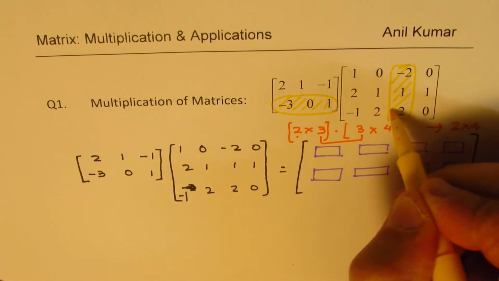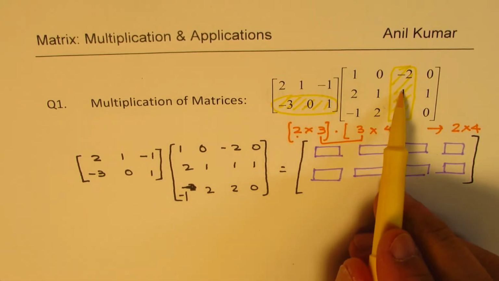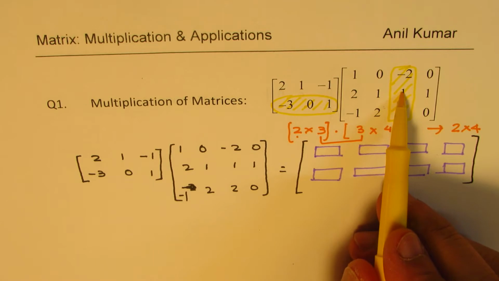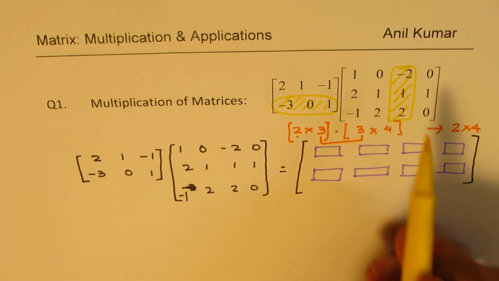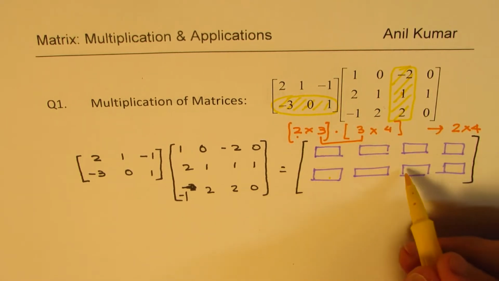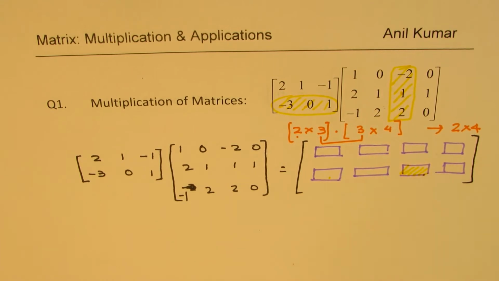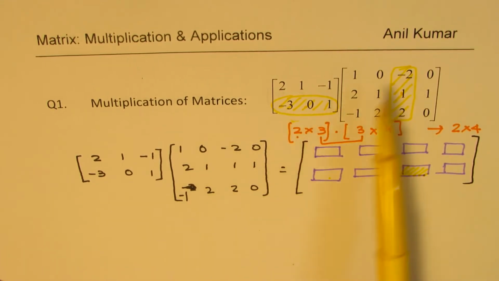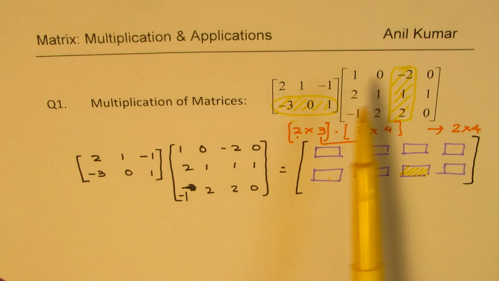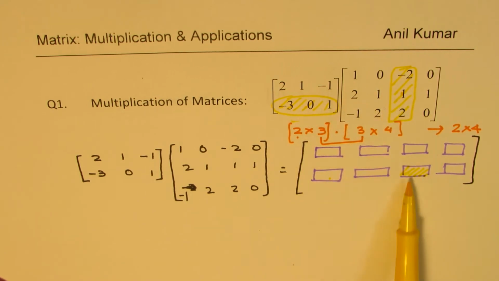So if we multiply the second row with the third column, where am I going to get the result? Well, the second row and the third column, we'll get the result here. You get the idea. So that is how each row and column will be multiplied, and then you get your result. Does make sense to you?